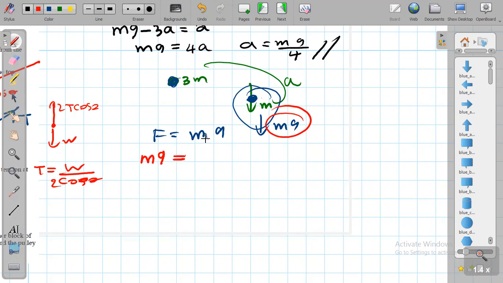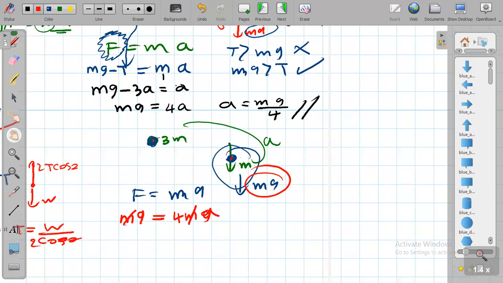mg equals, what is the total mass? M from this one, M from this, 3m from this one. It is 4m. G cancels off. Sorry, ma here. A equals what?